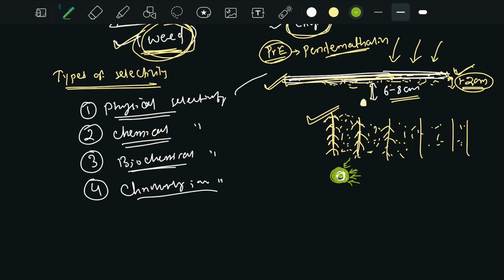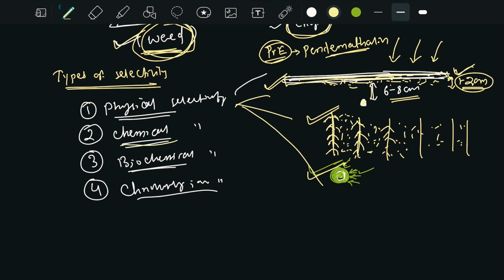The herbicide will be absorbed by the activated charcoal, and the seed and herbicide contact will be very minimal. So there will be no phytotoxic effect on the seeds. This is another type of physical selectivity. So we have discussed three types of physical selectivity.